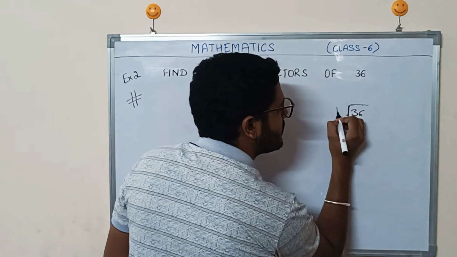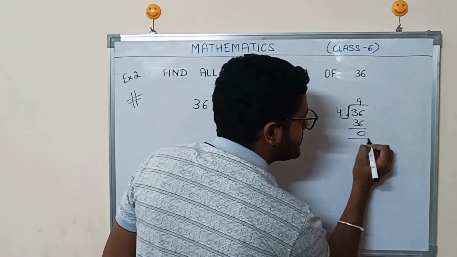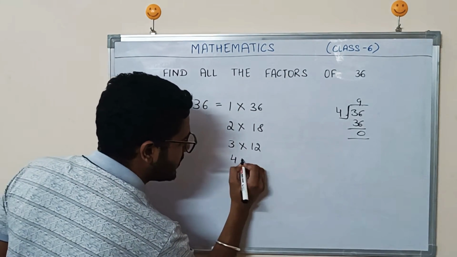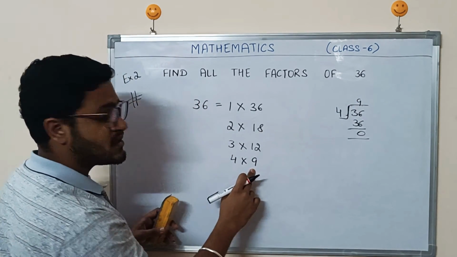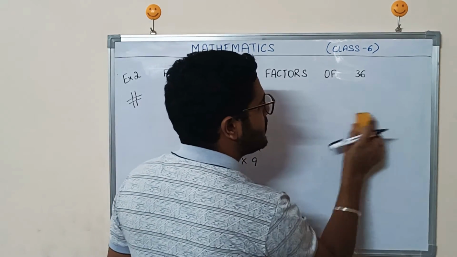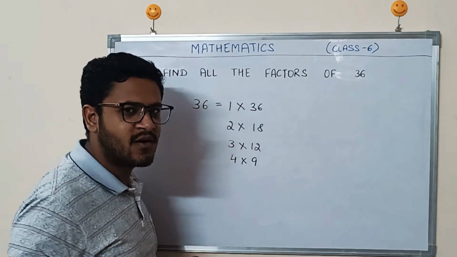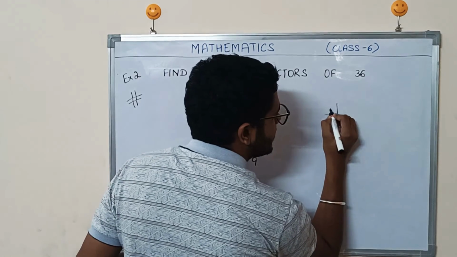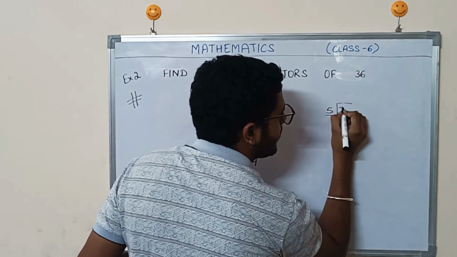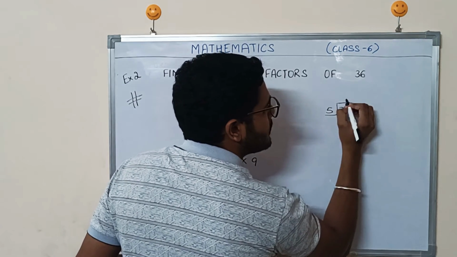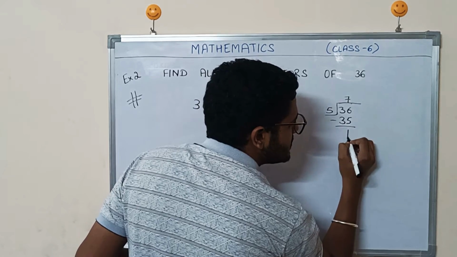36 divided by 4. 4 nines are 36. Easy. Remainder 0, which means 4 into 9. 4 nines are 36. This is also a factor. Now let's try with 5. Is 5 a factor of 36? Let's try. When 36 is divided by 5, 5 sevens are 35 and the remainder is 1.